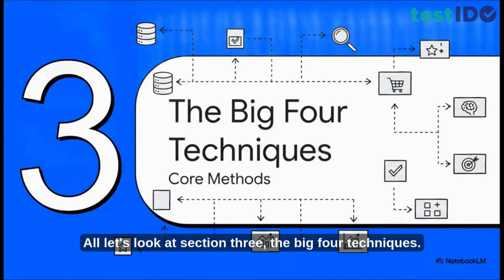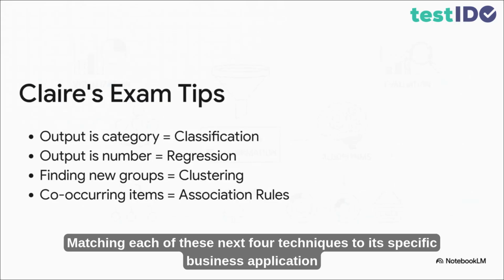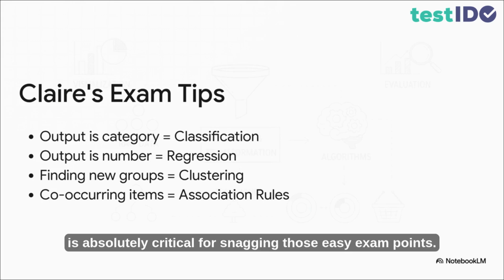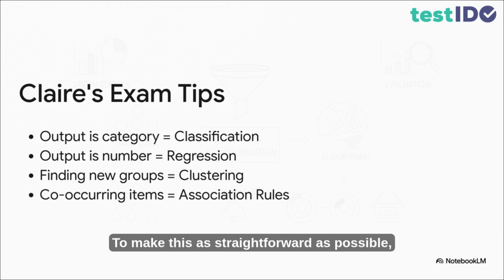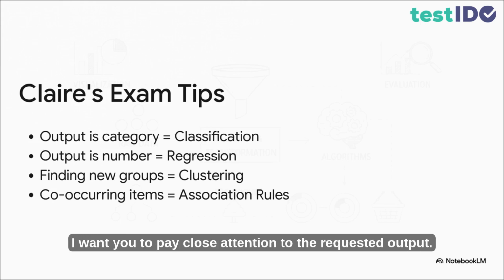All right, let's look at Section 3, the big 4 techniques. Matching each of these next 4 techniques to its specific business application is absolutely critical for snagging those easy exam points. To make this as straightforward as possible, I want to share my golden rules of thumb. Let's go ahead and call them Claire's exam tips. When you are looking at a multiple choice question, I want you to pay close attention to the requested output.